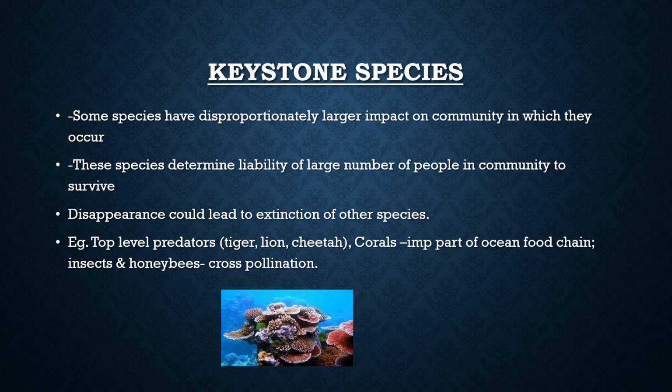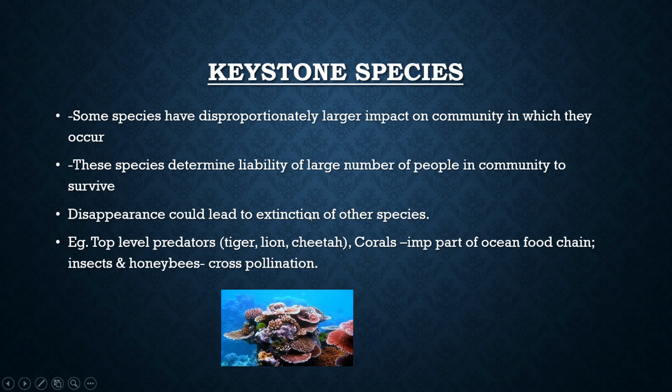For understanding keystone species, we'll have to understand that some species have a disproportionately larger impact on the community in which they occur. These species determine the viability of a large number of species in the community to survive, and disappearance of such species could lead to extinction of other species.